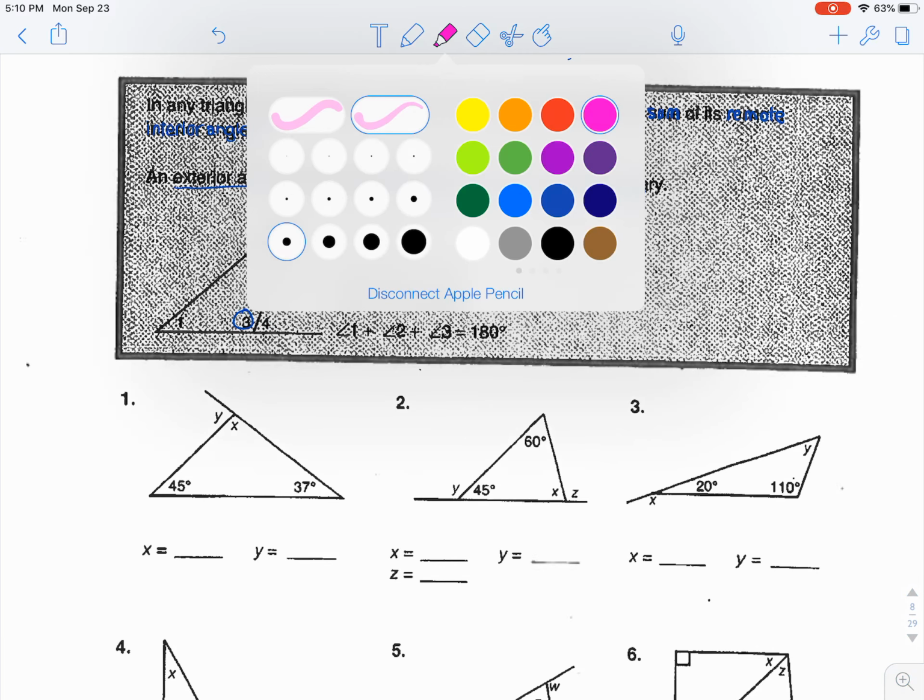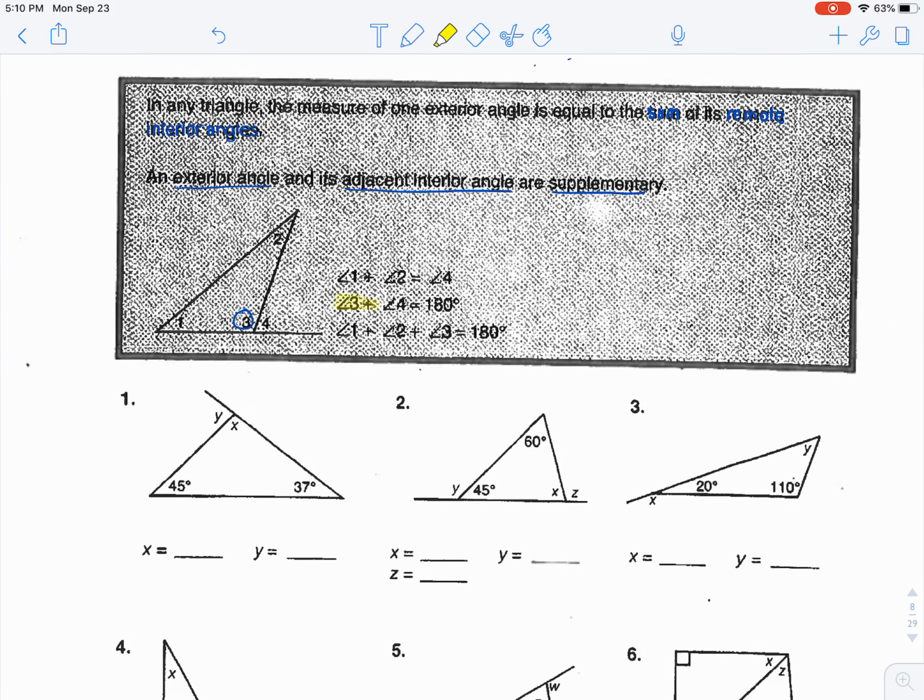So, the measure of angle 3 plus the measure of angle 4 equals 180. Now, in this triangle, we know that all three angles add up to be 180. So, angle 1 plus angle 2 plus angle 3 equals 180.